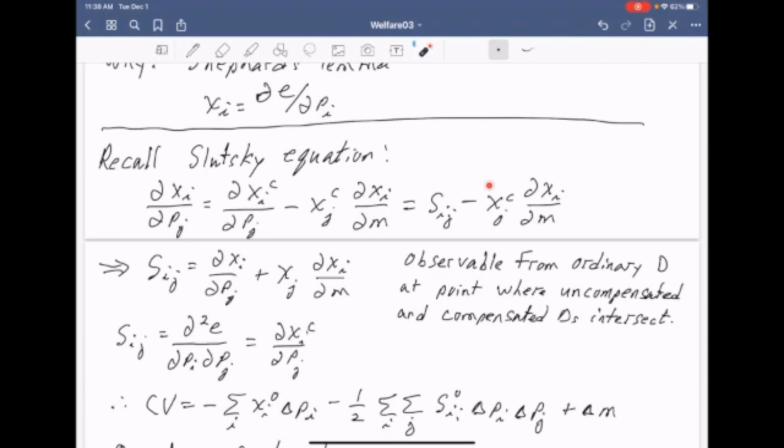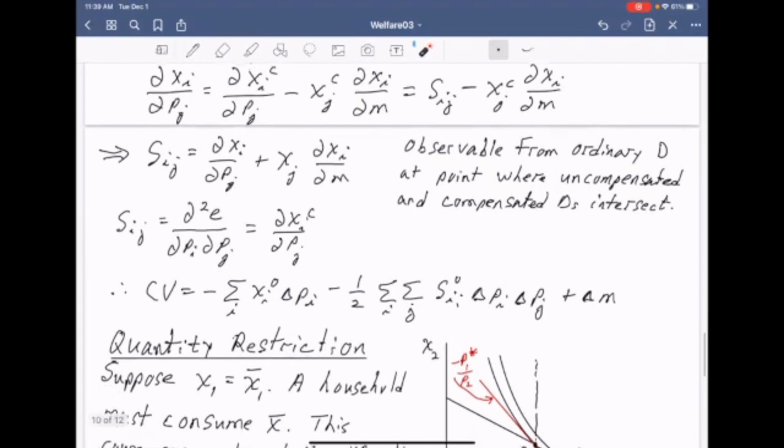So in other words, we can substitute the uncompensated or ordinary demands for the compensated demand xj, and we can calculate what those are at a particular price.